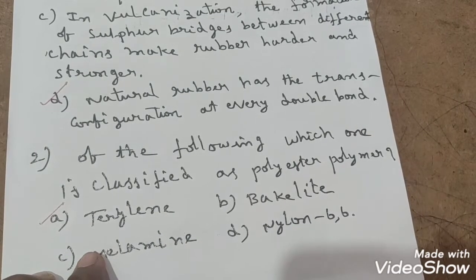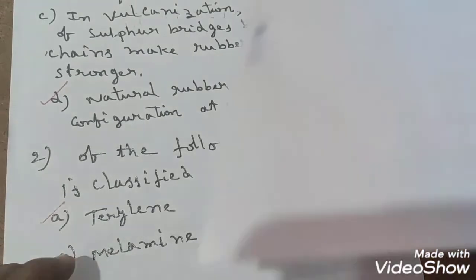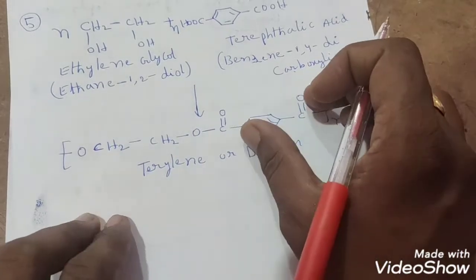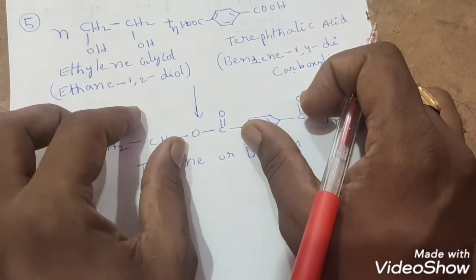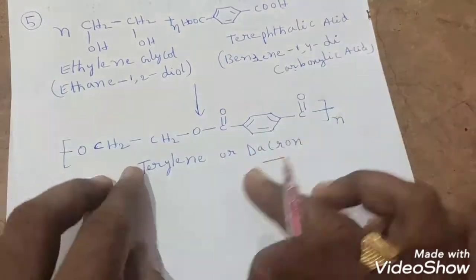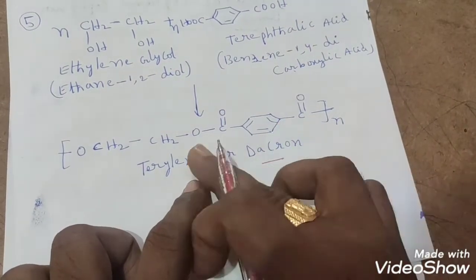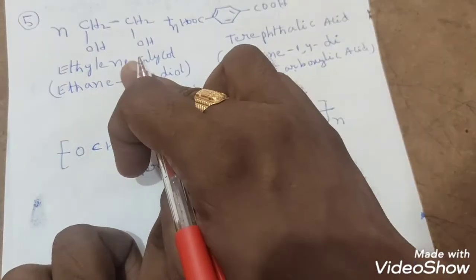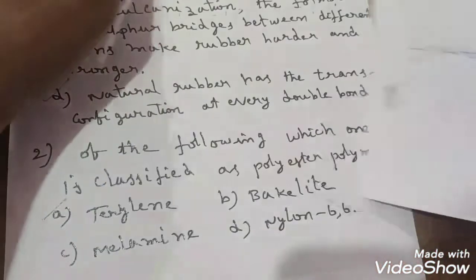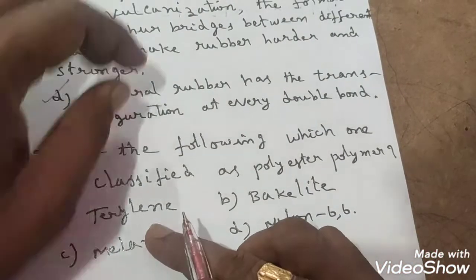Terylene or Dacron structure will be like this: RCOOR dash. Correct or not? Suppose this is R group and this is R dash group, in the middle you see RCOOR dash. Terylene or Dacron is a polyester which came from ethylene glycol and terephthalic acid, students. So Dacron is the polyester polymer.